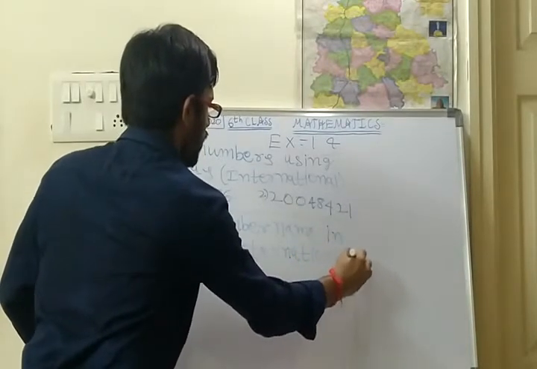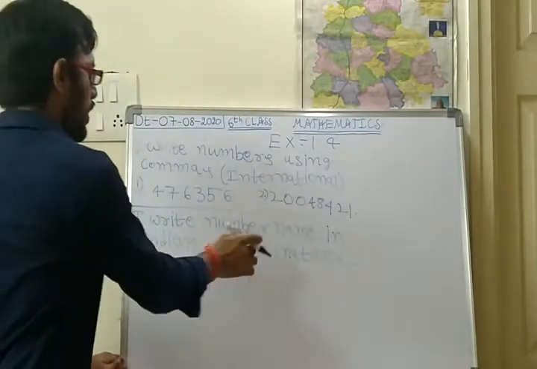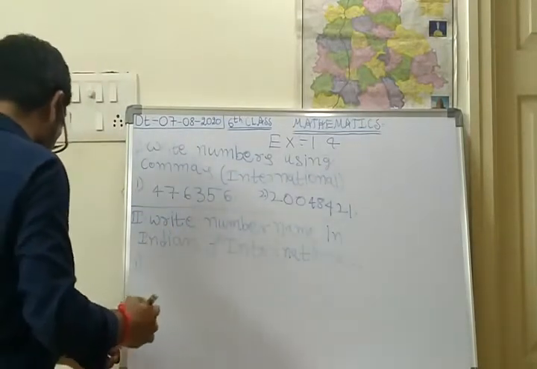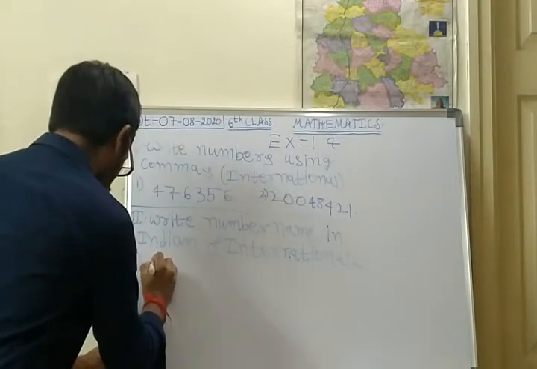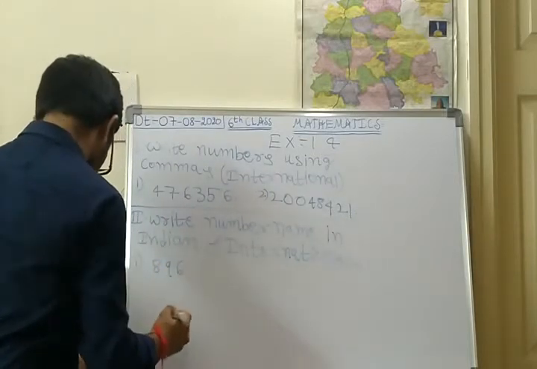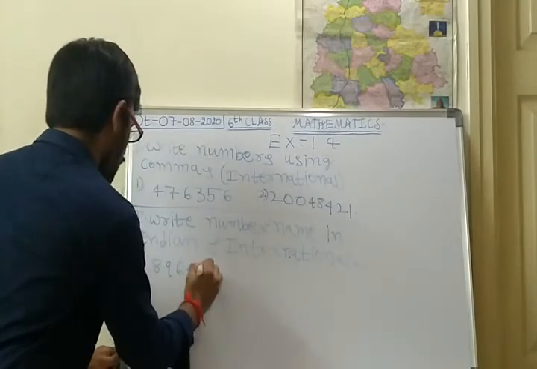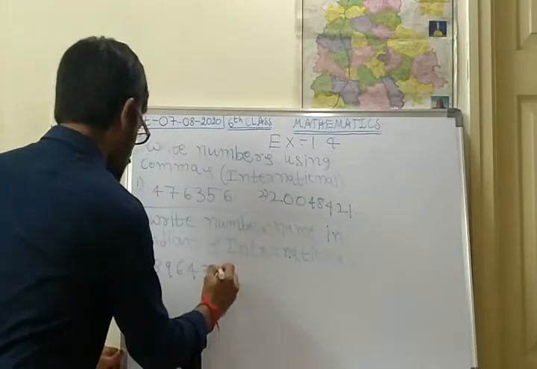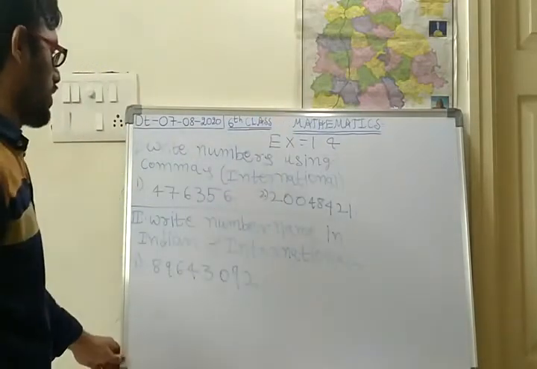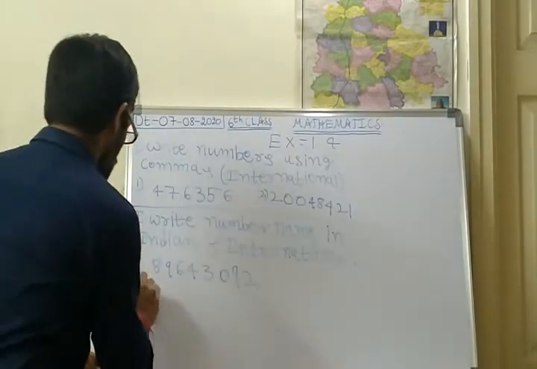Okay, in the Indian and international systems you should write the number name. So only one problem I am giving: 896430 92. Okay, this is the problem. This is the second bit.